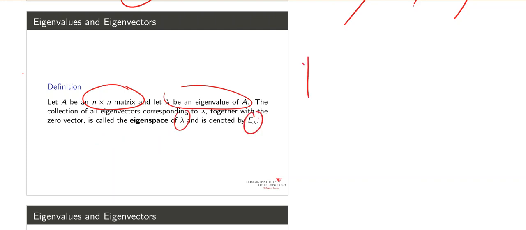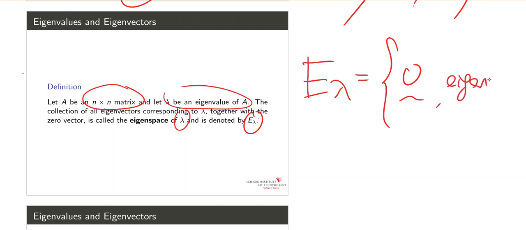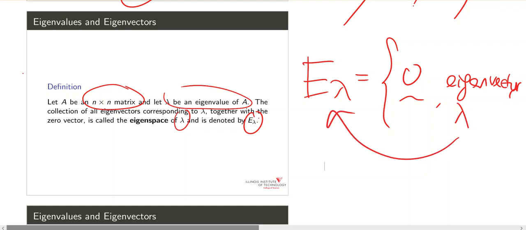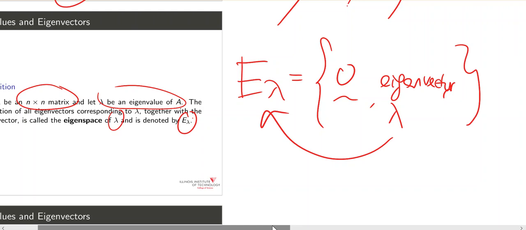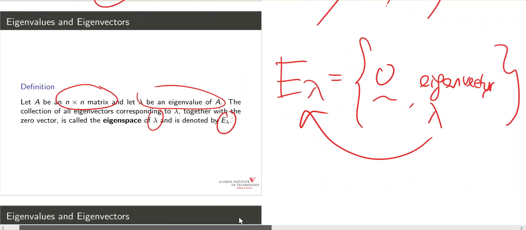And this is the notation. The eigenspace is a set consisting of all possible eigenvectors corresponding to this lambda, together with the vector 0. This is a vector space known as the eigenspace.